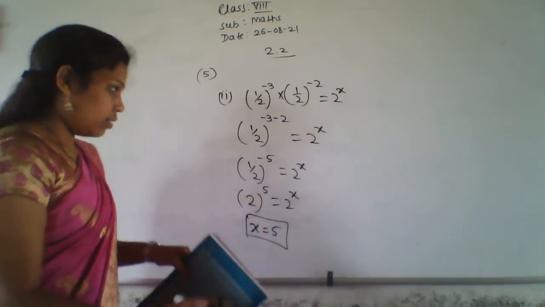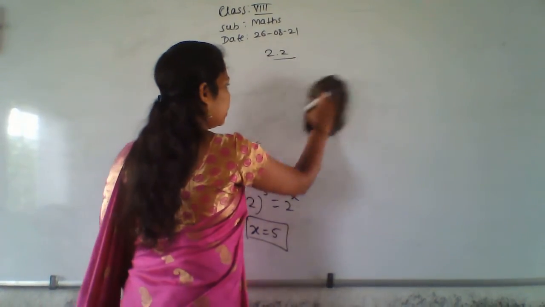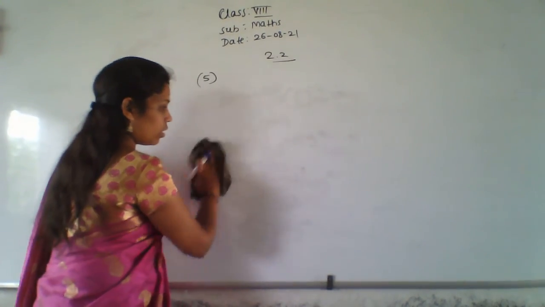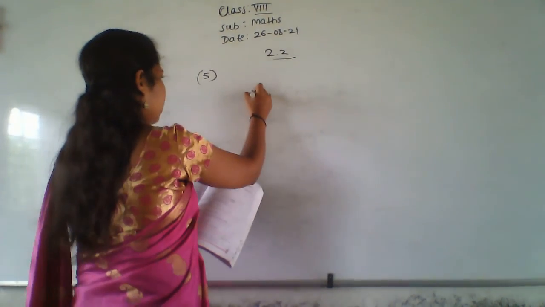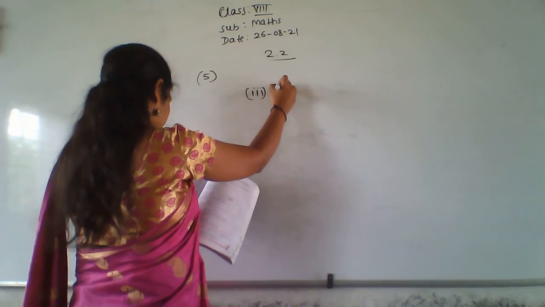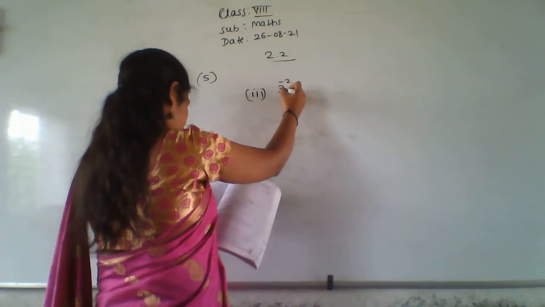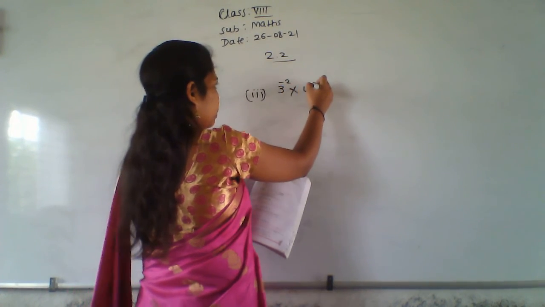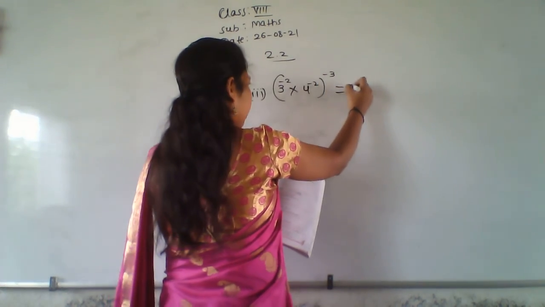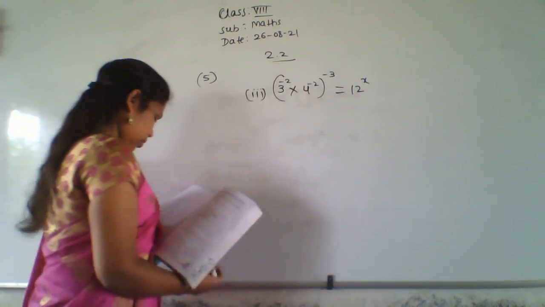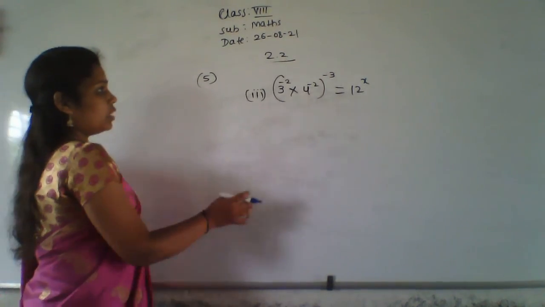Getting? So next we move to the third one. What is the third problem? (3 to the power minus 2 into 4 to the power minus 2) whole to the power minus 3 is equal to 12 to the power x. Okay, see here.